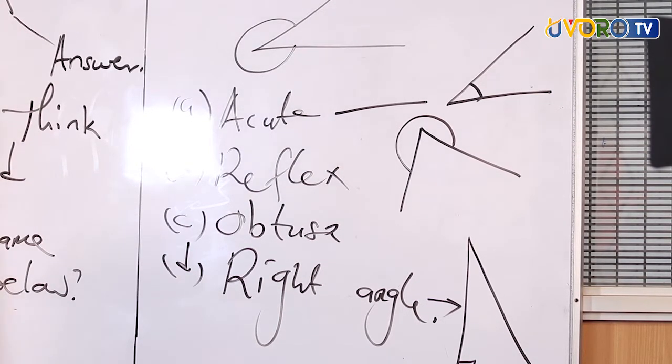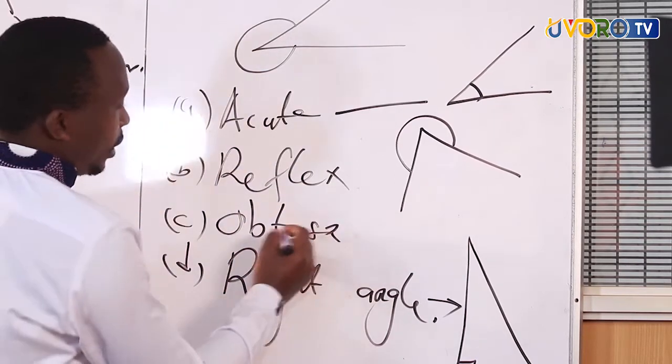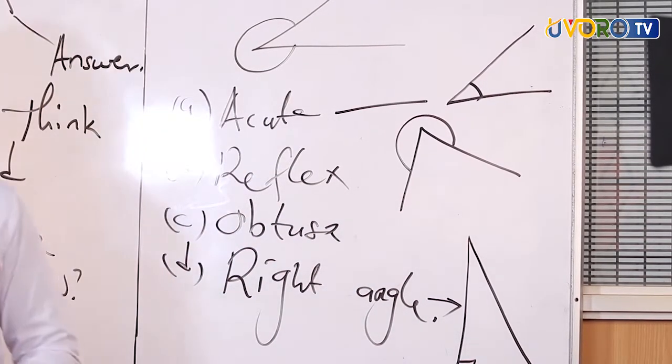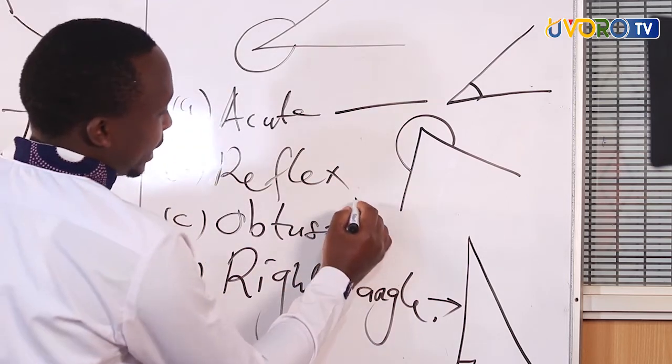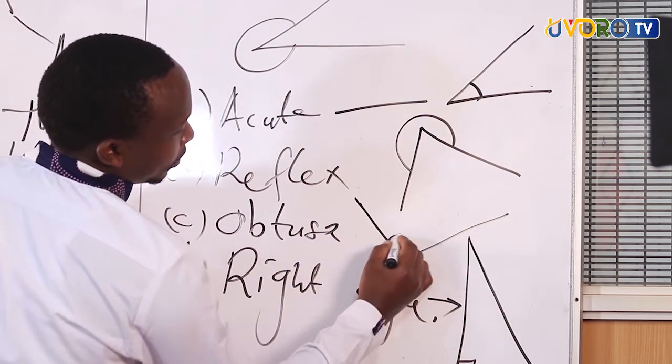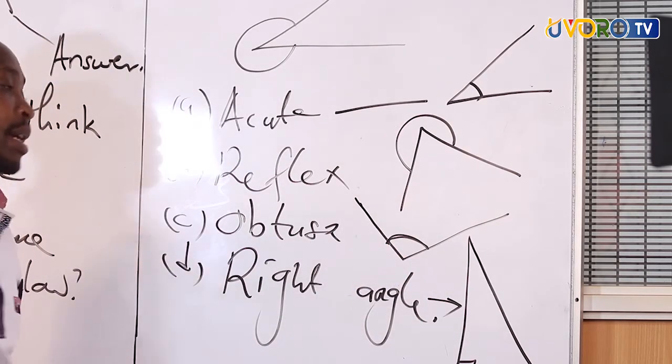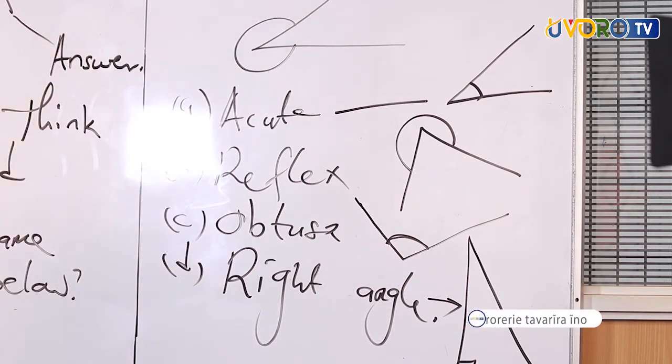Reflex. Now, what about obtuse? Obtuse angle is less than 180 degrees, but more than what? But more than 90 degrees. So now, using our formula, RUTA, I'd like somebody to tell me the answer to that question.